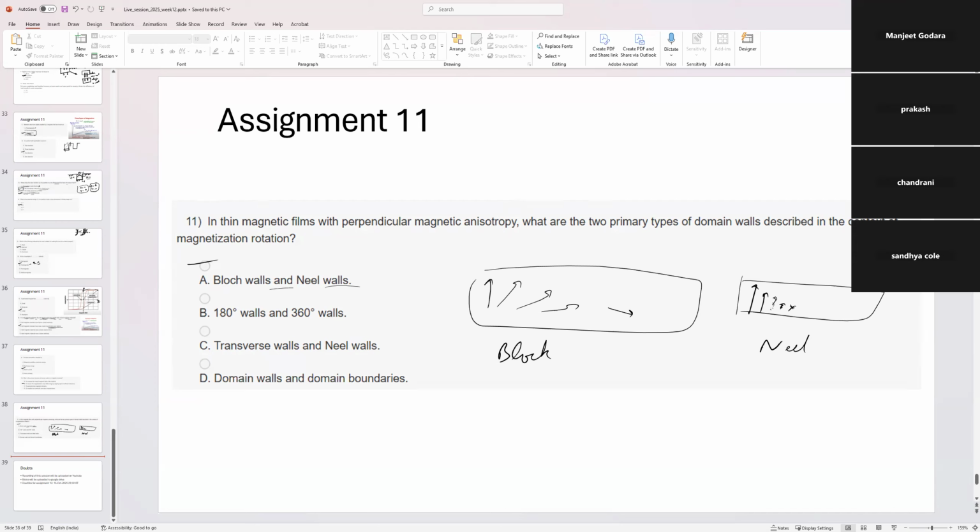Is there anything else? I can maybe briefly discuss it. There are 12 assignments as well.